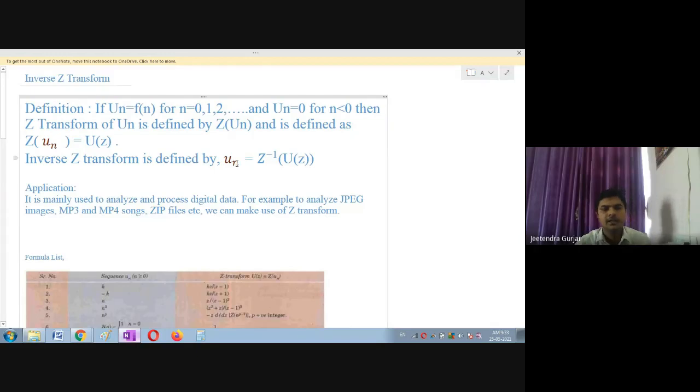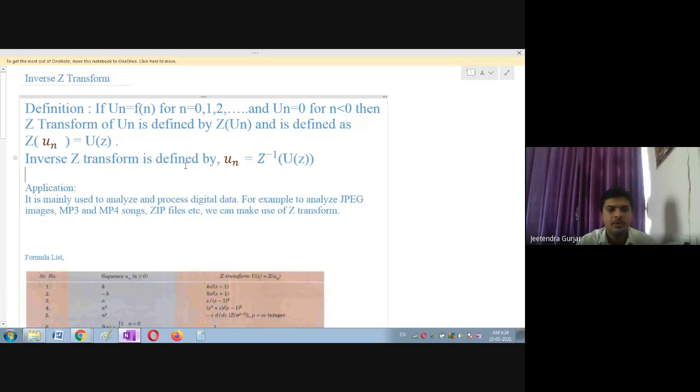So why do we study the Z inverse transformation? It is mainly used to analyze and process digital data. I think everyone comes across data right now, right? The data may be files, in terms of images, mp3, mp4, and zip files. This all will be converted, and the same files can again be brought back to the inverse form.